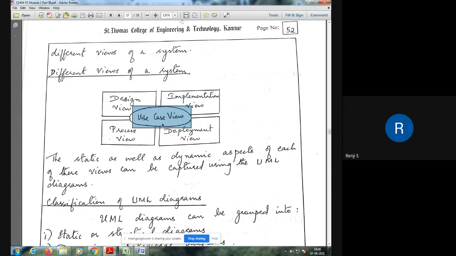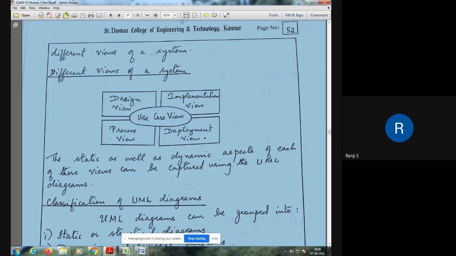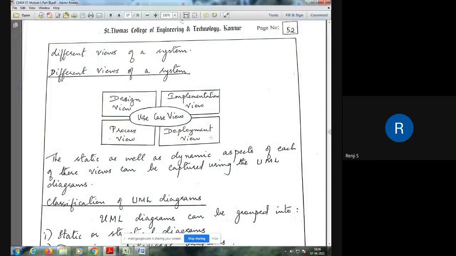And these are the five different views of a system. To visualize these views of a system, we use diagrams in UML. You cannot visualize a system using a single view. Just like when we speak of a building, you have the plan for the building, the front view, top view, side view, etc. Different views for a three-dimensional figure.